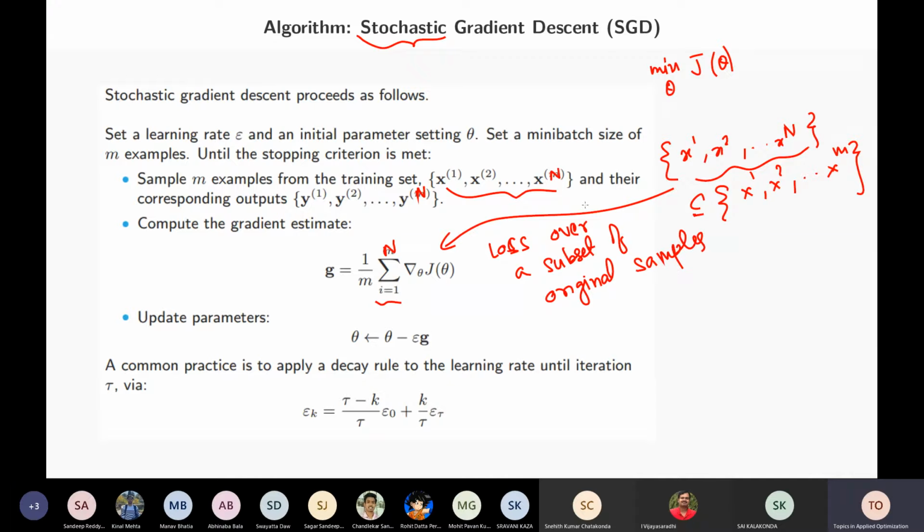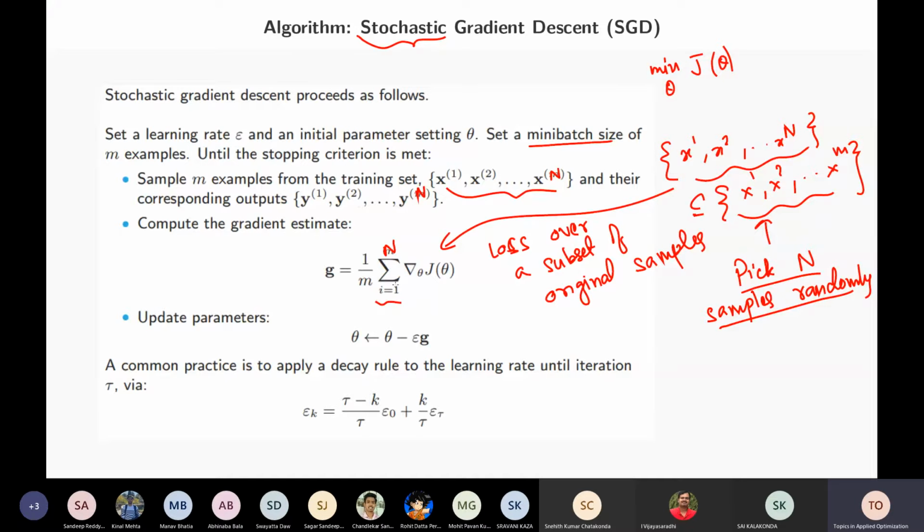And usually we take this randomly. So which of the n samples I choose is random. So pick n samples randomly to get the so-called mini-batch that I'm talking about here.